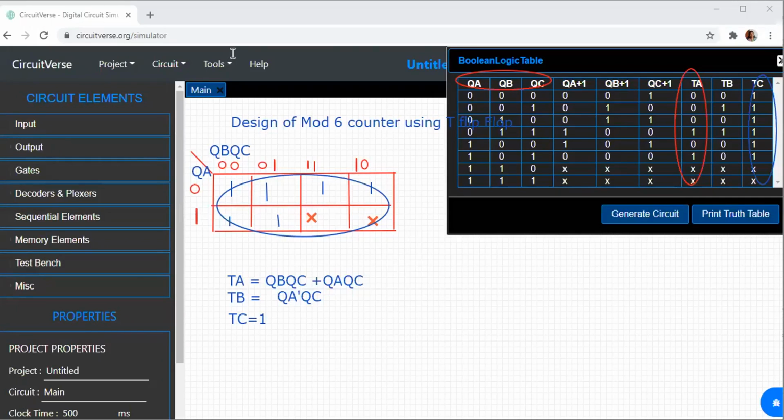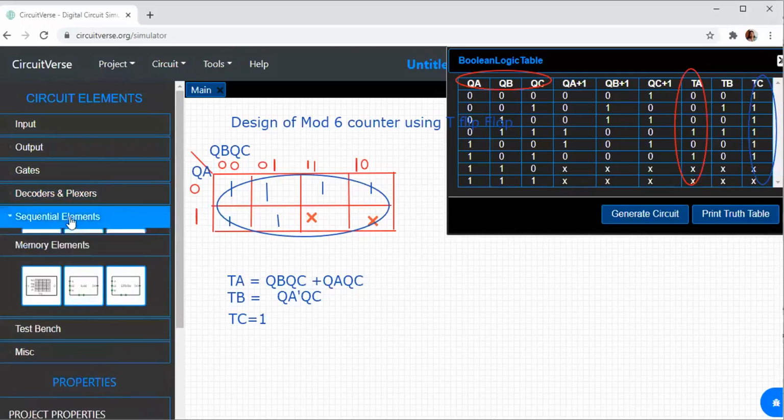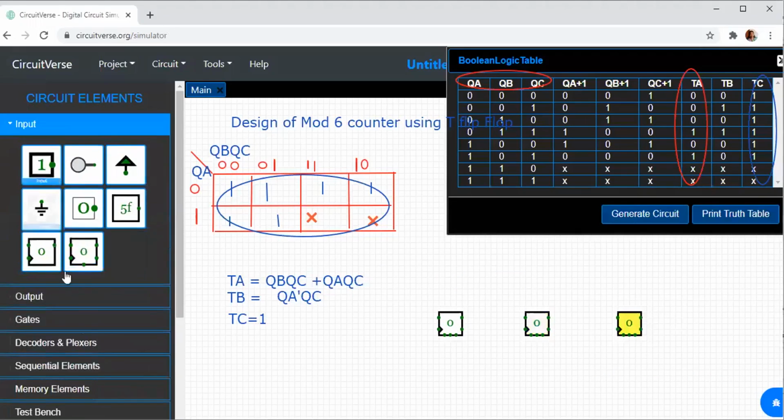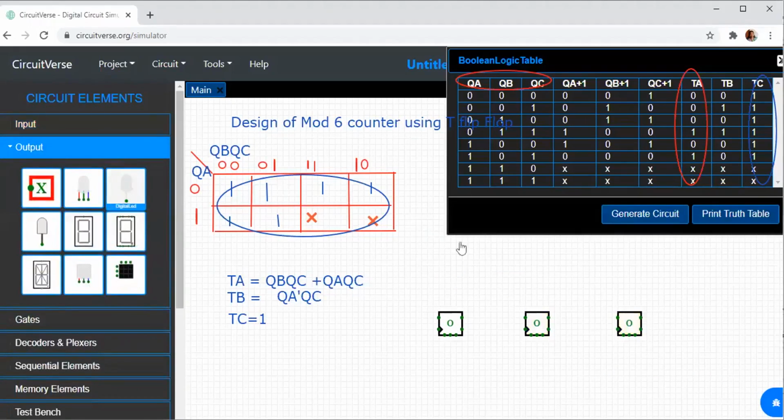Now we have to design the mod 6 counter using T flip-flops. So I have a T flip-flop over here, 3-bit T flip-flop. Let me first write down the outputs.